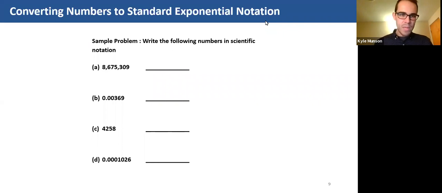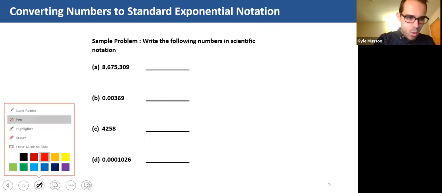So here we go. We have this number here, 8,675,309, and we want to express that in scientific notation. I'm just going to be quick about it. We imagine a decimal point right there. We move that decimal point over.